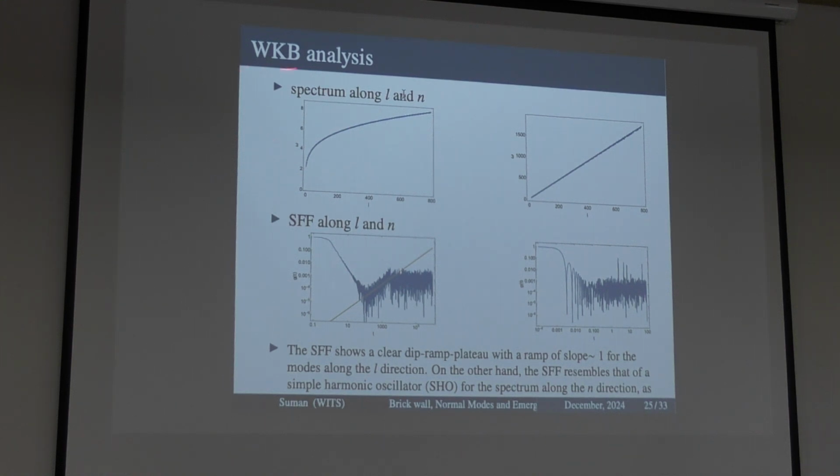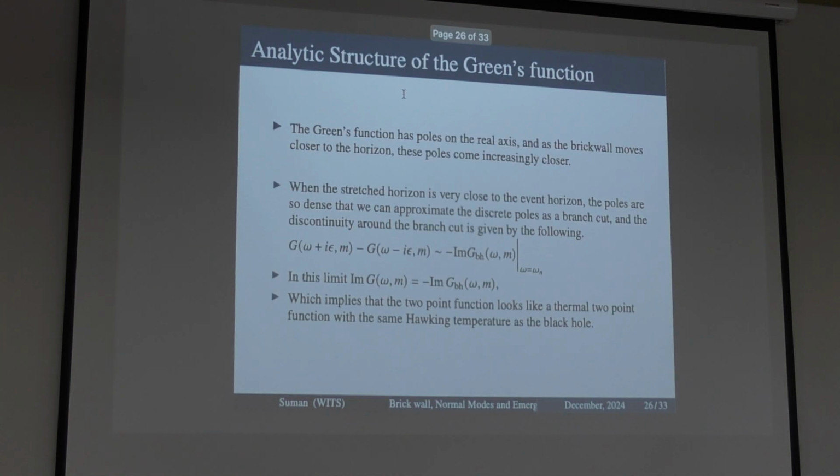This is for R equal to 1, and we get this spectrum along the L direction, and this is the spectrum along the N direction. Along the L direction it again shows the logarithmic dependence, and as a result in the spectral form factor you have a linear ramp. And this similar pole condensation physics also happens there, so you can show that the imaginary part of this function.